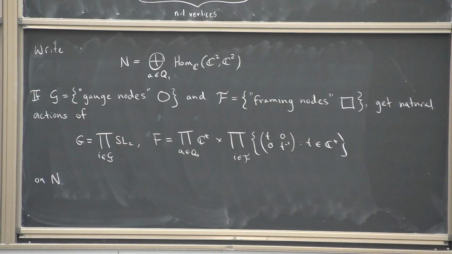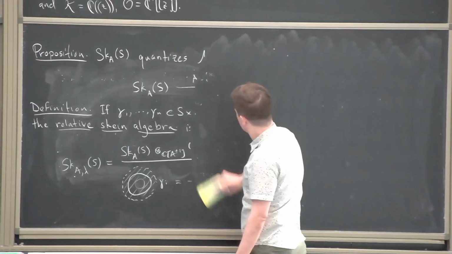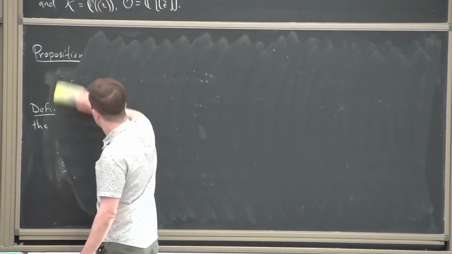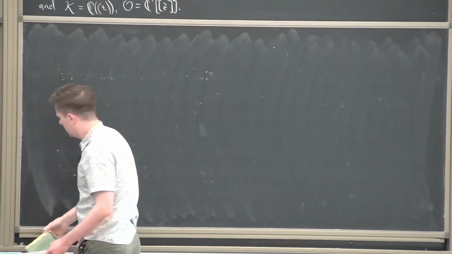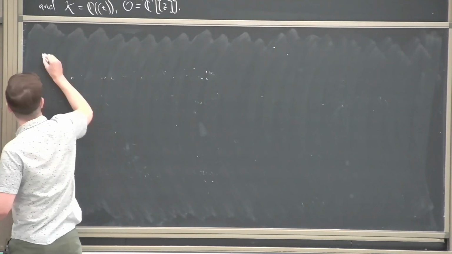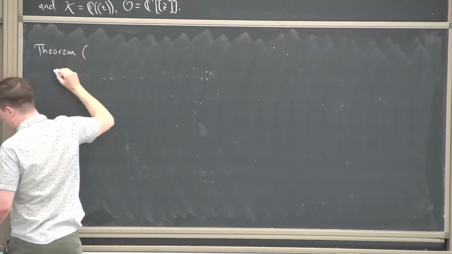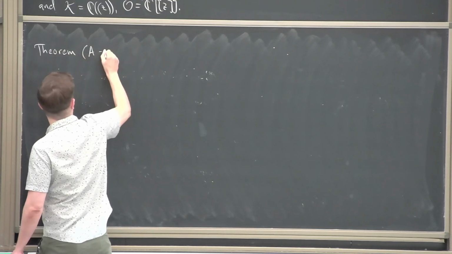And so now we have all the ingredients we need to construct these monoidal categories and the associated Coulomb branches. And we obtain the following result. This is in our recent paper.